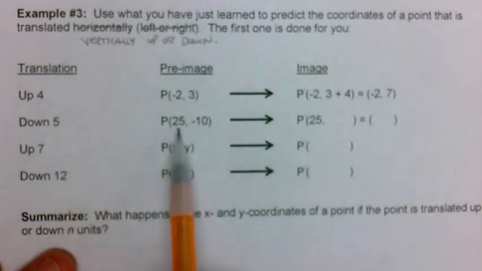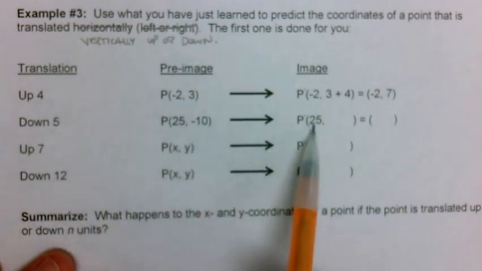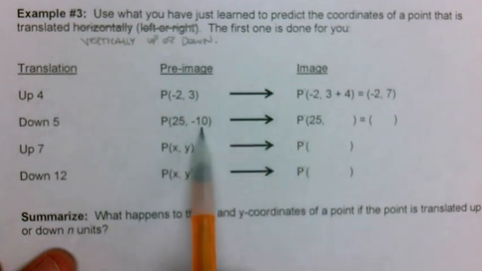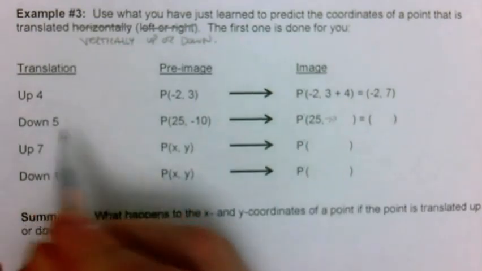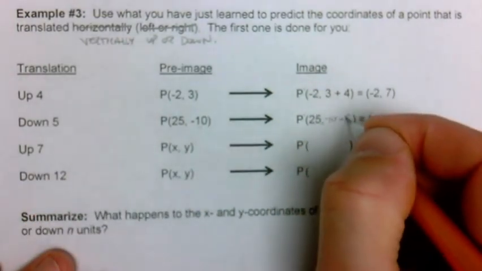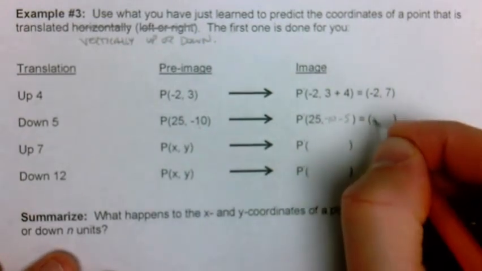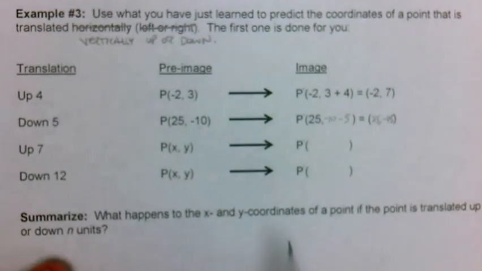What if we took the point 25, negative 10 and moved it down 5 units? Well, again, your x-coordinate isn't going to change, but your y-coordinate, negative 10, since we're moving down 5, we're going to subtract 5, meaning that the point P prime would be located at 25, comma, negative 15.